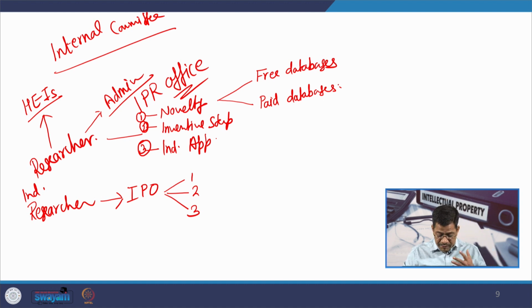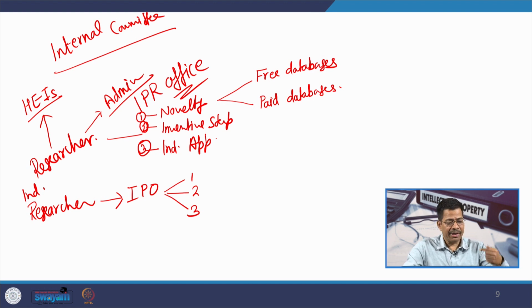So, one important thing is accessibility of these databases. As an independent researcher, I can only use free databases. It may not be possible for me to subscribe to these costly paid databases. But in an organization, if I am a researcher in an HEI, if I am an employee in some organization, we can have a policy of paid databases also.